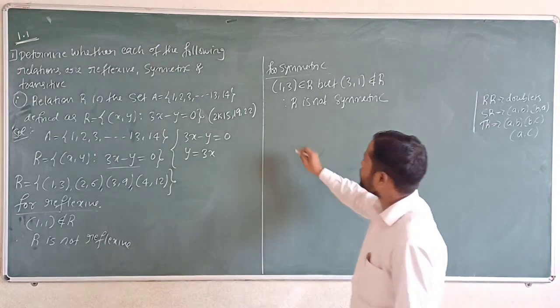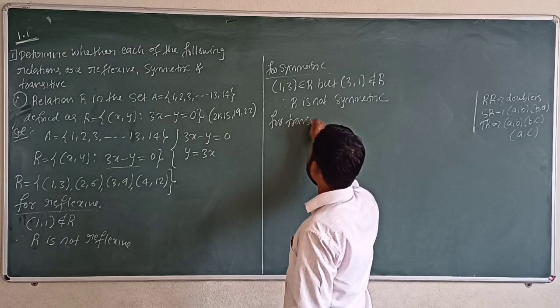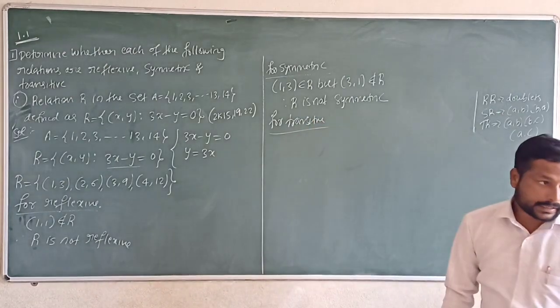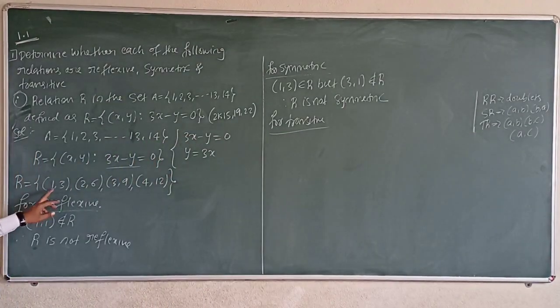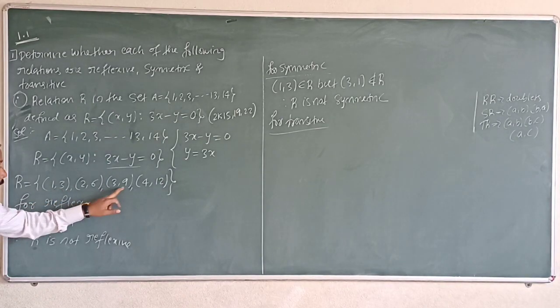Same as it is for transitive. Now take up transitive, meaning a b, b c, a c. Think: a b starts from 1 3, then 3 9.